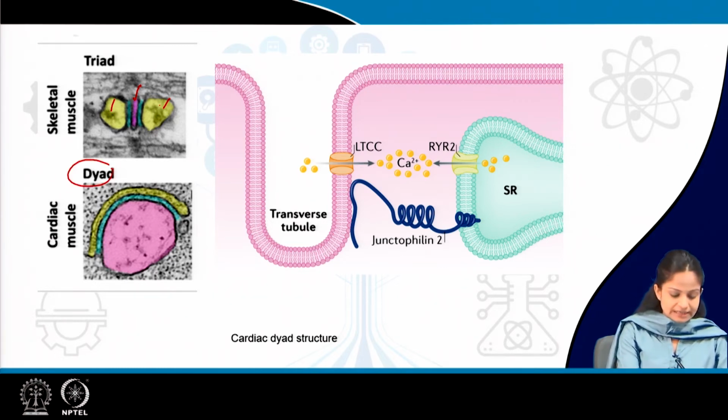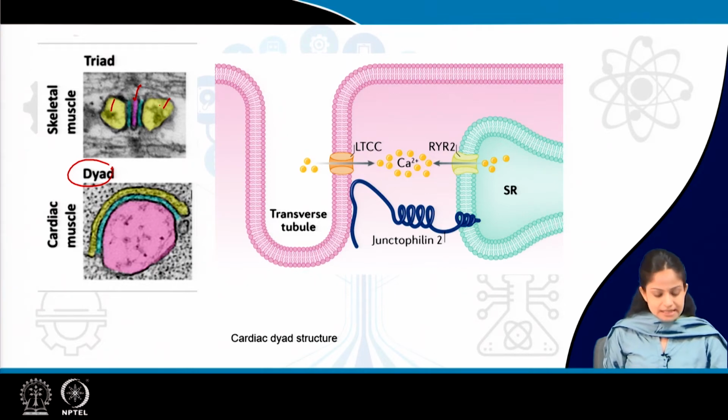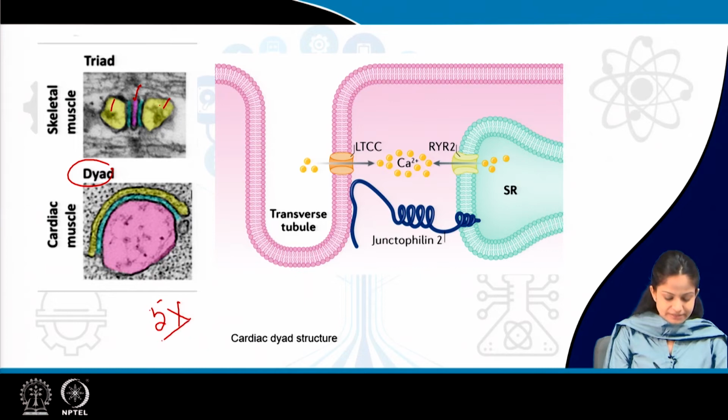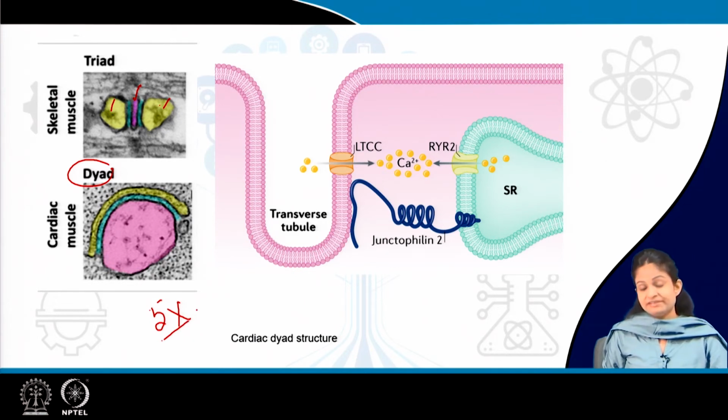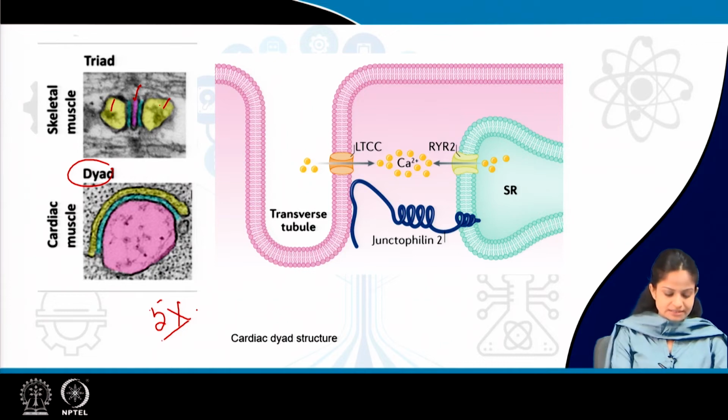In case of the dyad, which is seen in the cardiac muscle, the T tubule is much larger in diameter. It is almost 5 times the diameter of the T tubule in skeletal muscle, as you can see.